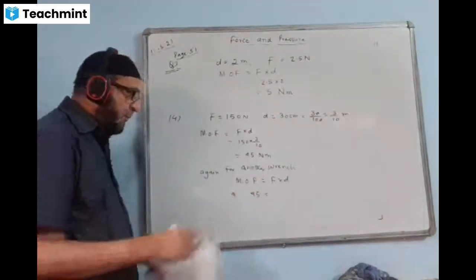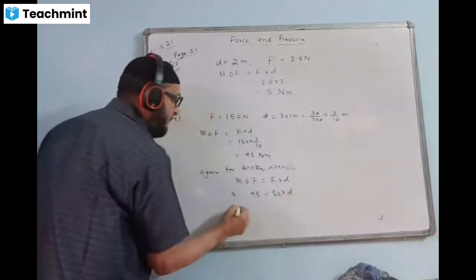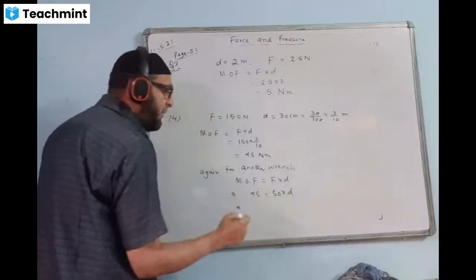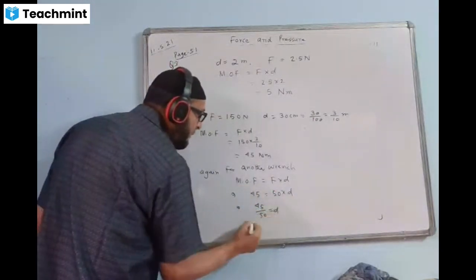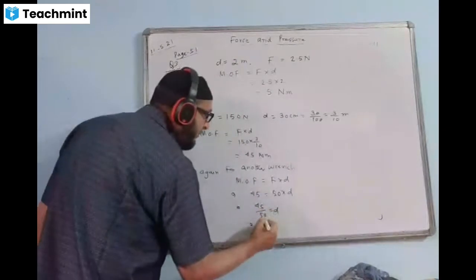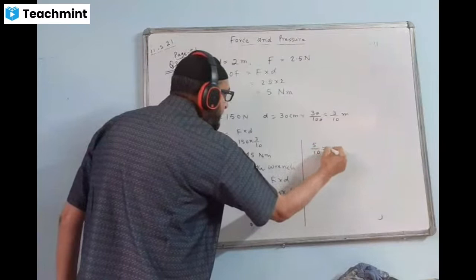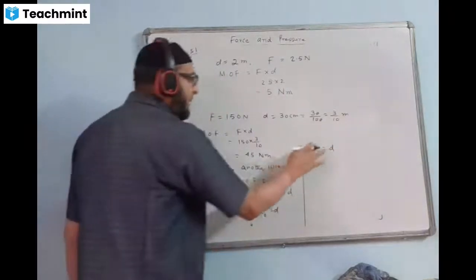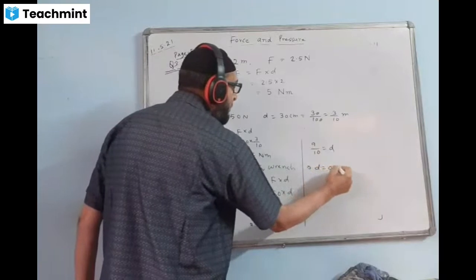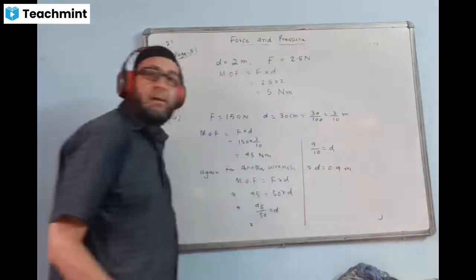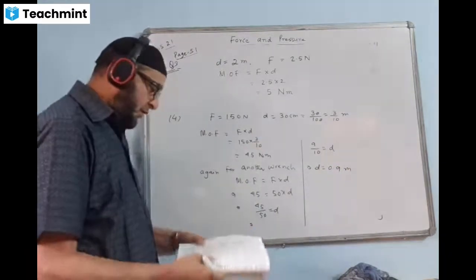Now this time force is given 50, and we have to find the value of D. What should be the length of that wrench? It will come 45 by 50 is equal to D. Cancel it, you get 9 by 10 is the value of D. Therefore, the value of D is coming 0.9 meters. So what should be the length of that wrench required? 0.9 meters.